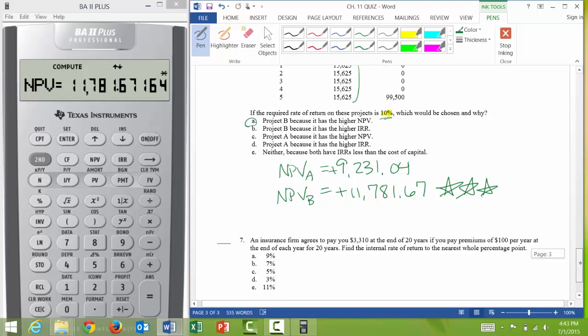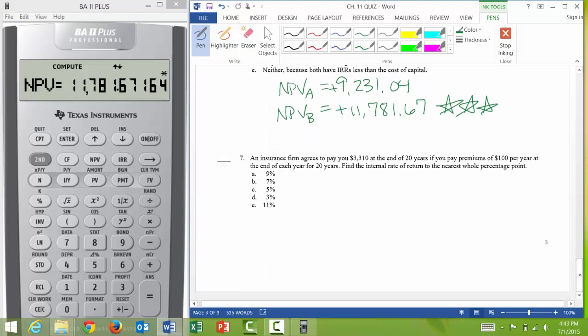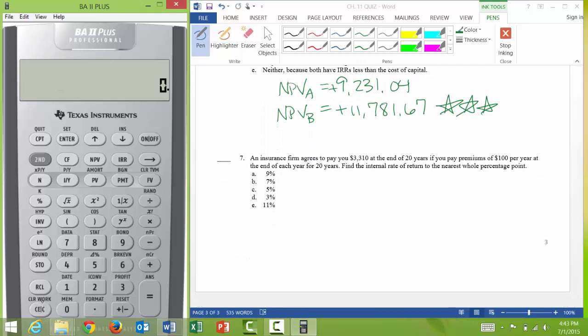And so let's look at the last practice question. Okay, an insurance firm agrees to pay you $3,310 at the end of 20 years if you pay premiums of $100 per year at the end of each year for 20 years. Find the internal rate of return to the nearest whole percentage point.